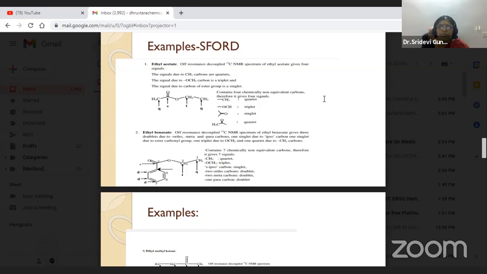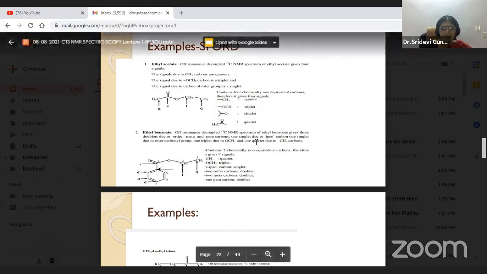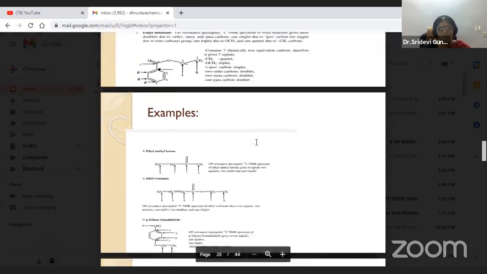That means you observe CH3, CH2, and CH multiplicities, while J2, J3, J4 couplings are removed. This is done by using a frequency slightly off resonance from the normal proton radio frequency range. That gives a simplified spectrum while retaining the coupling information, so this is very useful.